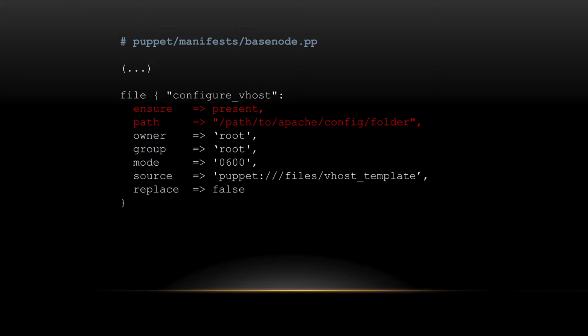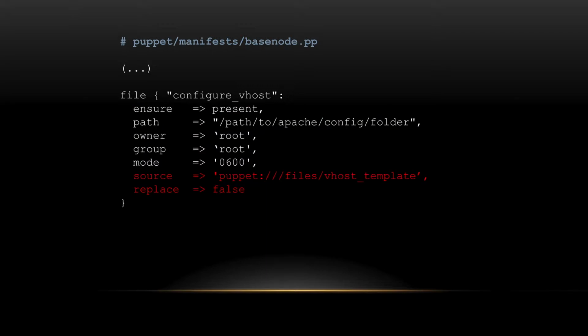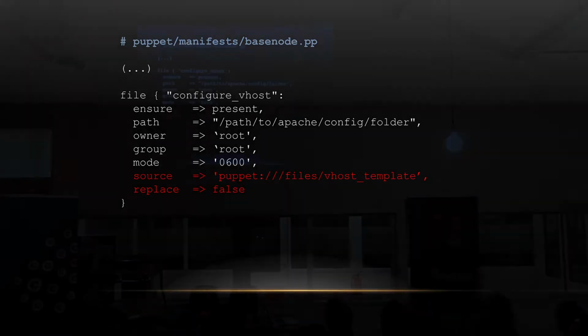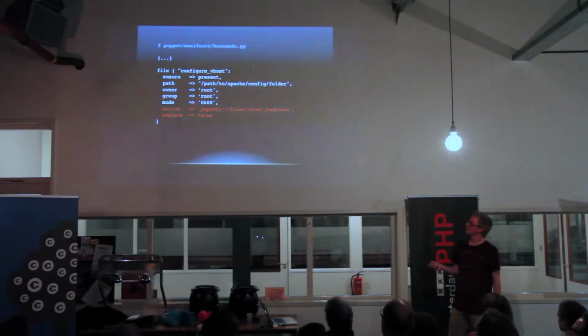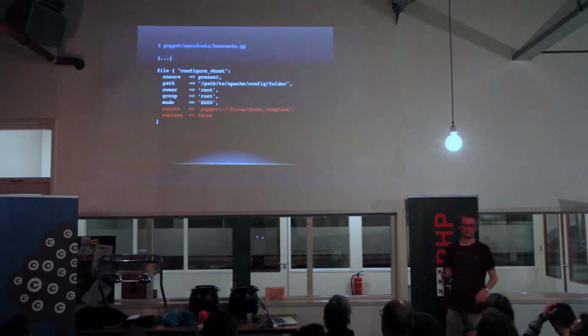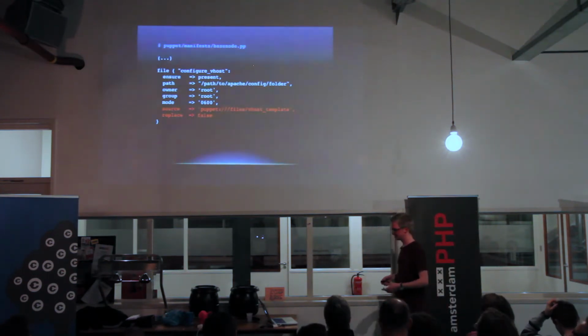And which file? Well, the file at path. We want this to be its owner, group, and mode. And if it doesn't exist, it should take the vhost template file and put it on the path. The replace parameter just tells us it shouldn't touch the file if it already exists.